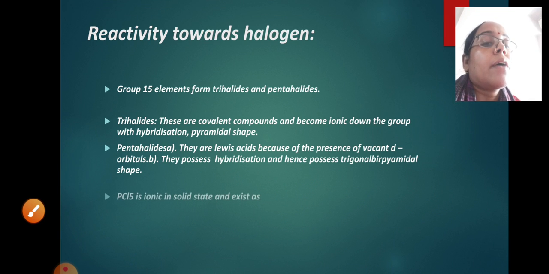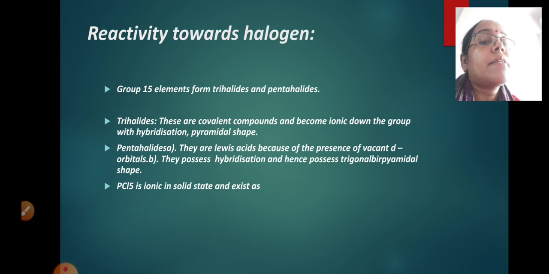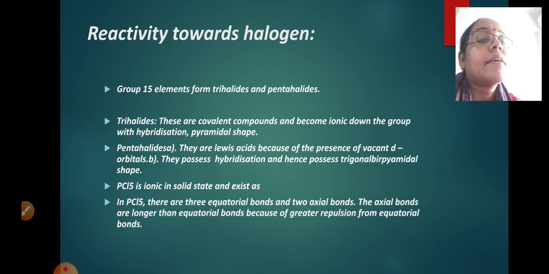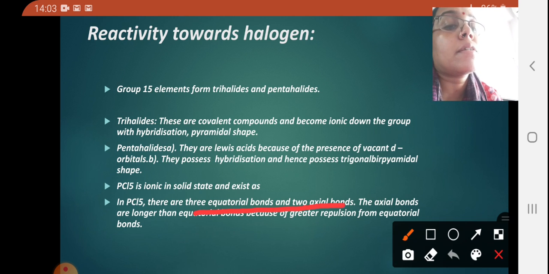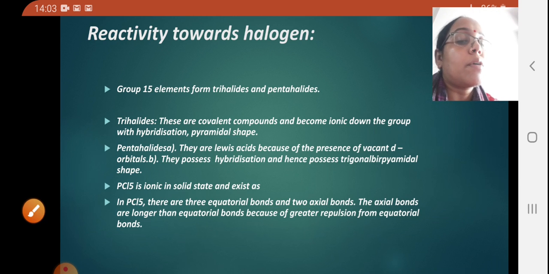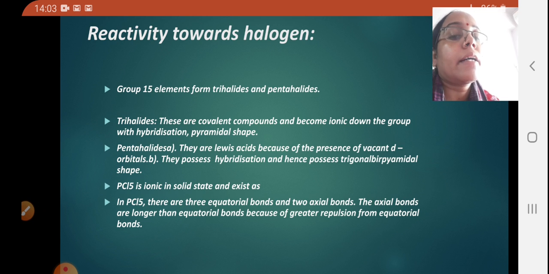Now you can see PCl5 is ionic in solid state. In PCl5, there are 3 equatorial bonds and 2 axial bonds.